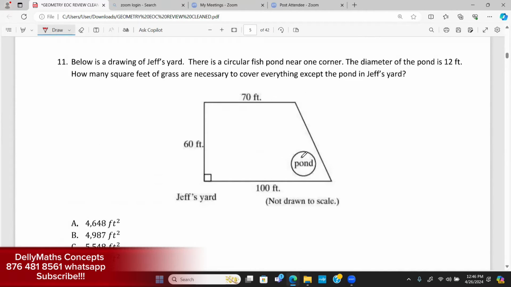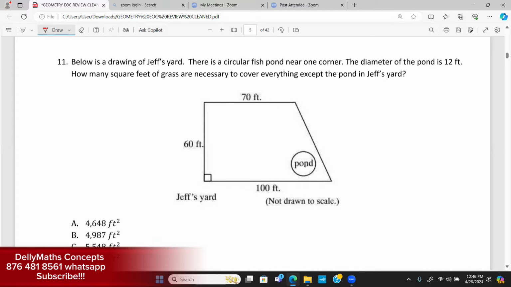Below is a drawing of Jeff's yard. There is a circular fish pond near one corner. The diameter of the pond is 12. How many square feet of grass are necessary to cover everything except the pond in his yard?